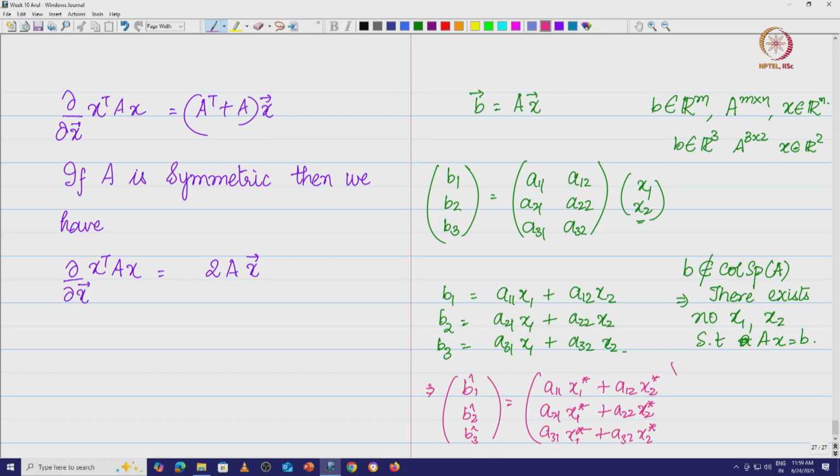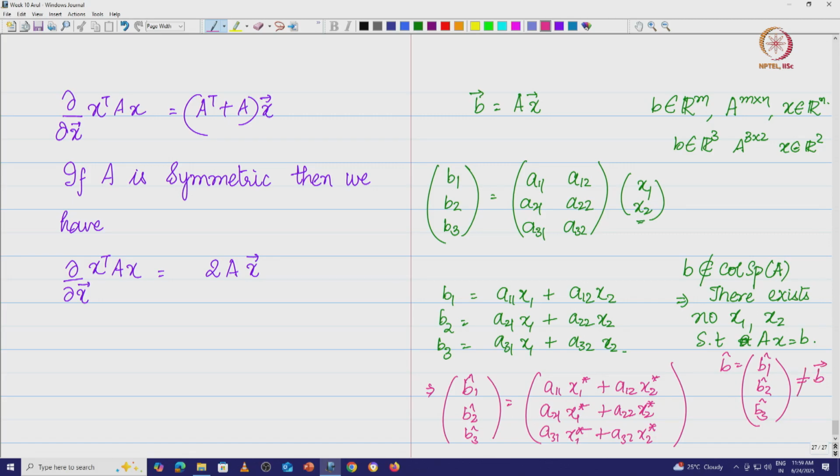This is what we have. I will call this B hat, which is basically my b1, b2, b3 hat, and this is not equal to the B vector.